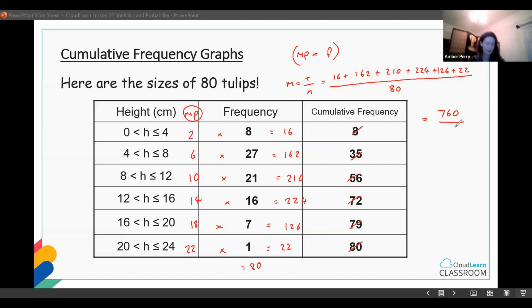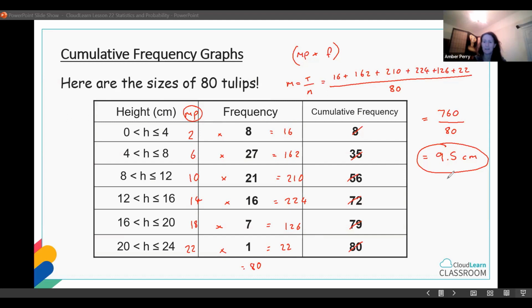Seems too perfect, this divided by 80, which is 9.5 centimeters. Okay, so that would be your estimate of the mean. So if you have to estimate the mean, always go back to that method. You can literally show your working like that. So show your midpoints, times it by each frequency and add them all up.